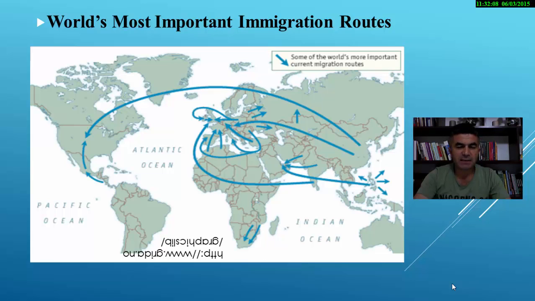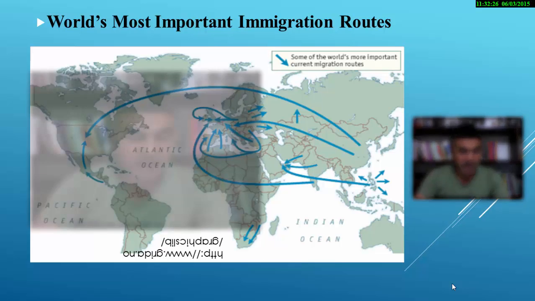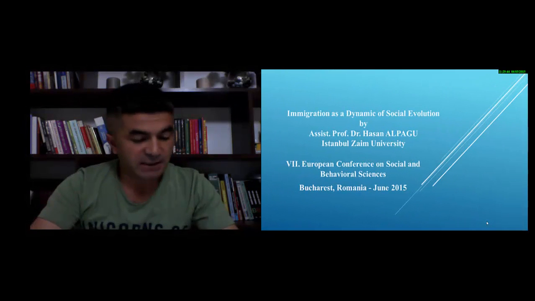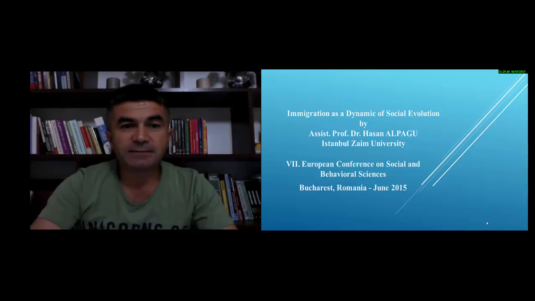People from developing countries like Latin America, Africa, and South Asia tend to immigrate to EU regions and to the United States. The map shows the most important routes of immigration, so it proves our previously mentioned arguments.